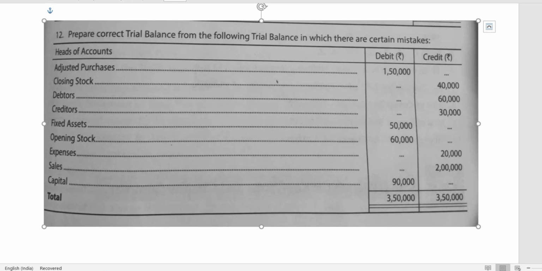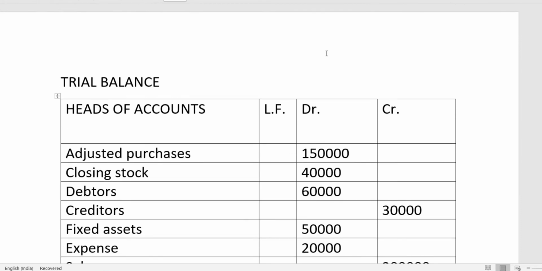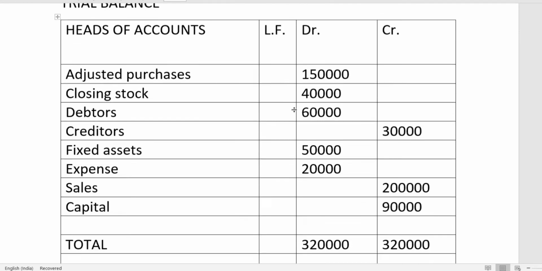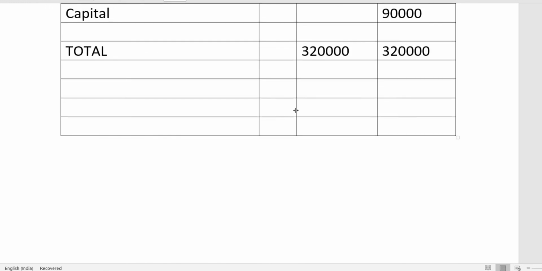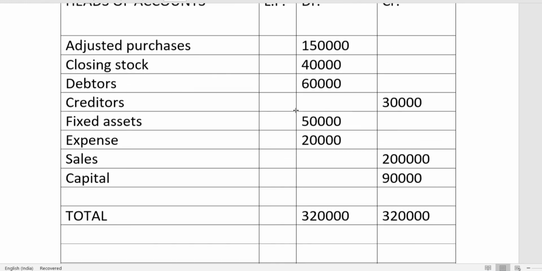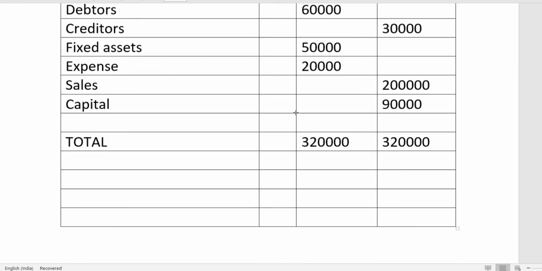Sales, credit column. Capital, credit column. According to that, I have put the items in their respective columns and then added. So here we have completed this chapter. I don't think you have any doubts.